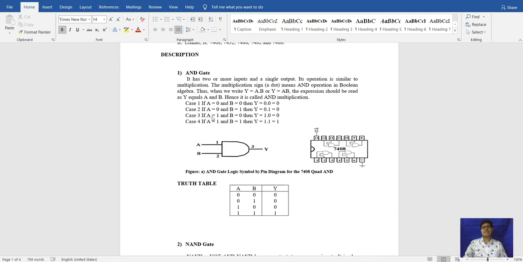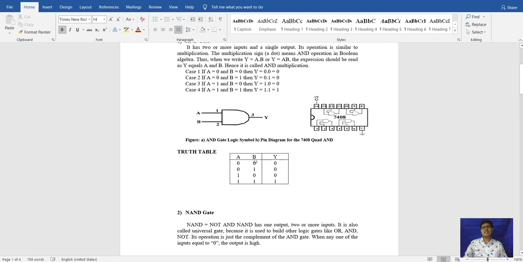In case 3, when we give inputs 1 and 0, multiplying 1 and 0 gives output 0. In case 4, A is 1 and B is 1, and the multiplication of 1 and 1 is 1. So in this truth table, 0 into 0 is 0, 0 into 1 is 0, 1 into 0 is 0 and 1 into 1 is 1.